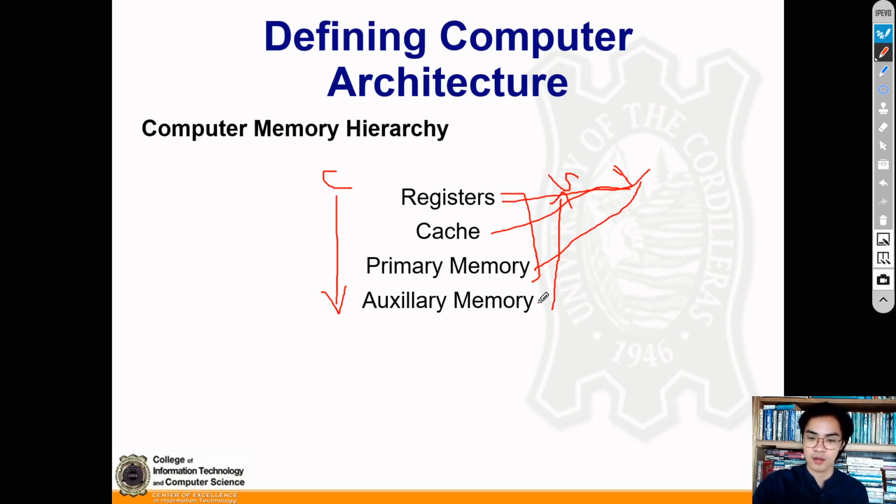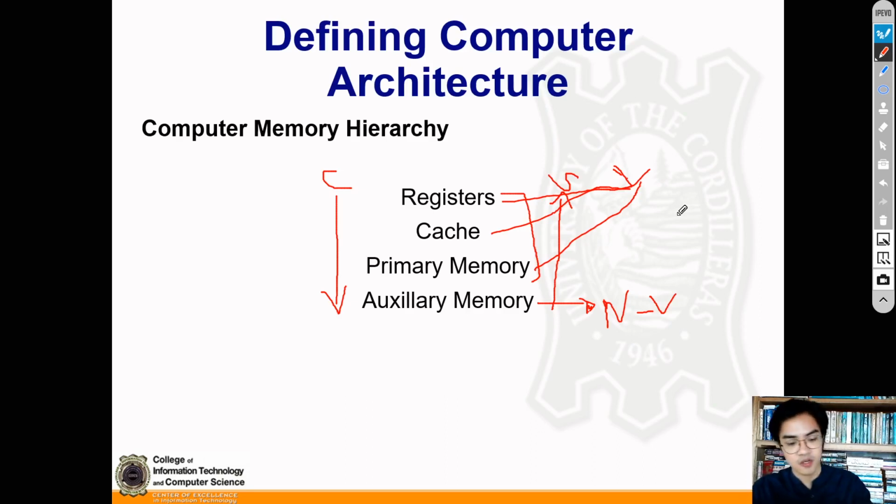Your permanent storage or your auxiliary memory is non-volatile, because this is where your operating system usually is stored. So this is permanent storage. When you turn off your computer, your data is still there. But for these three, most of your data will be gone when you turn off your computer, unless, like I said, you have some sort of means to keep those information stored.